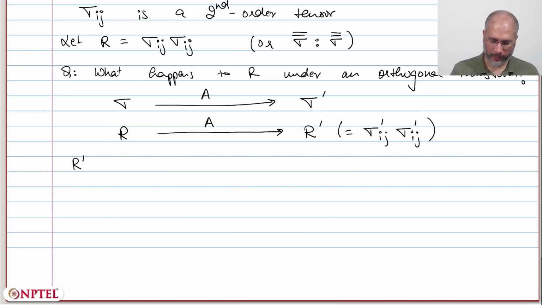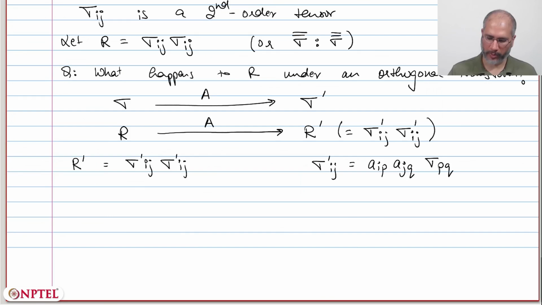So R prime is given as sigma prime ij times sigma prime ij, and I can write sigma prime ij in terms of sigma using the forward tensor transformation rule. So this becomes AIP AJQ sigma PQ. So we'll substitute that in this.